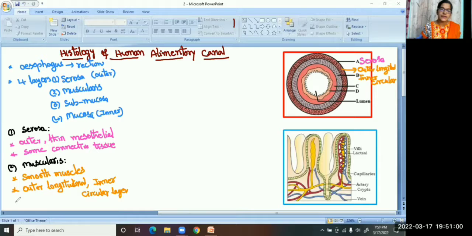In the case of the stomach, at some regions, there is another oblique layer of smooth muscles present.